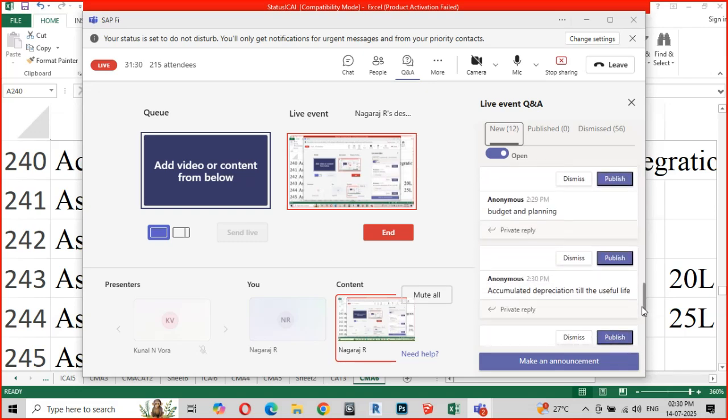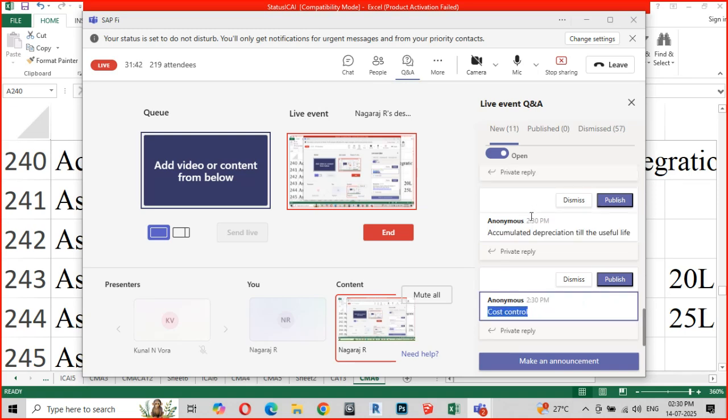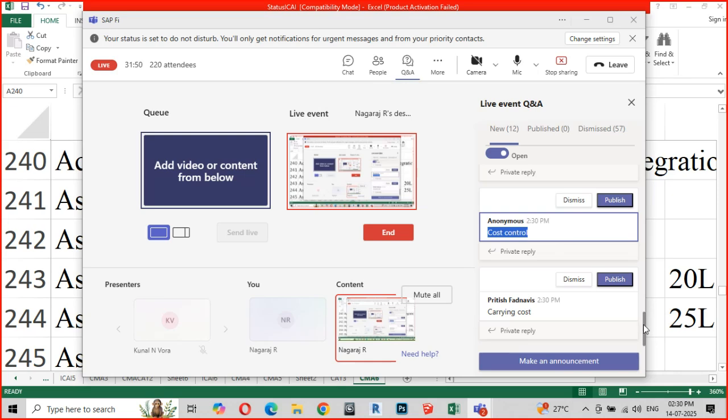Budget and planning, accumulate, okay, cost control. Okay, this cost control is a very broad term, I'm not able to. Carrying cost. What is a carrying cost?